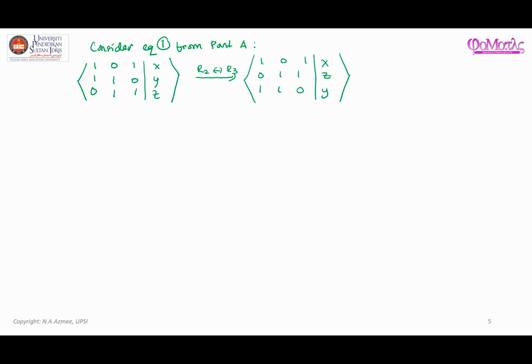Okay, next what I can do is I would like to turn this value into 0, so I shall consider r3 plus negative 1 r1, and I will have 1 0 1 x 0 1 1 z. So 1 minus 1 is 0, 1 and 0 is 1, 0 minus 1 is negative 1, so y minus x.